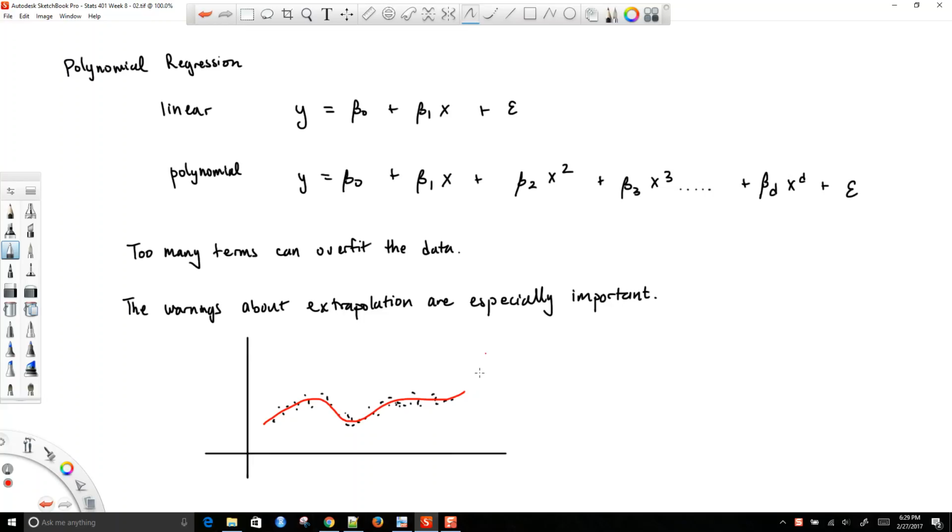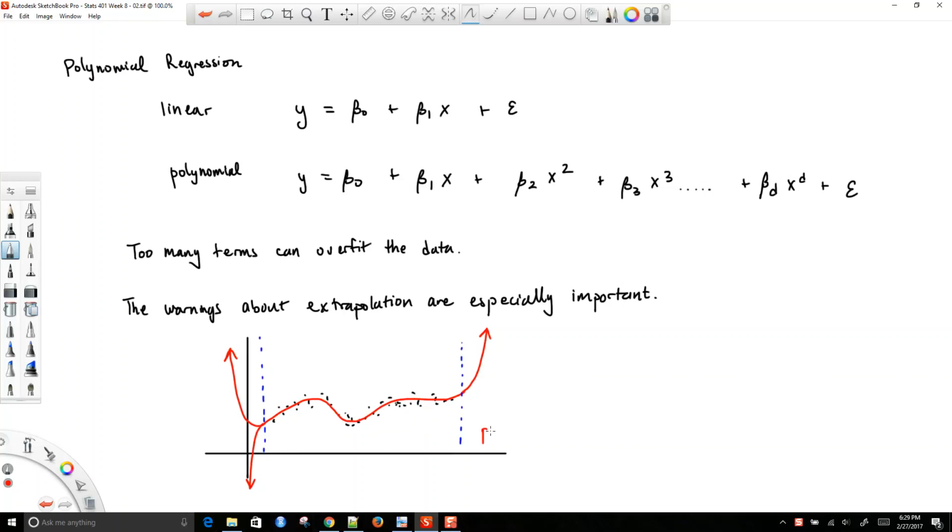But what happens outside of this range? Chances are this will shoot off like that, and this will maybe shoot off like this, or depending, like that, and these are probably going to be wildly inaccurate outside of the area where you've collected data.